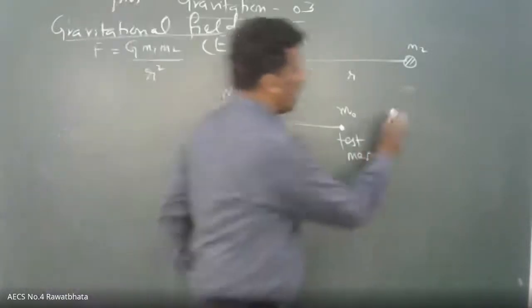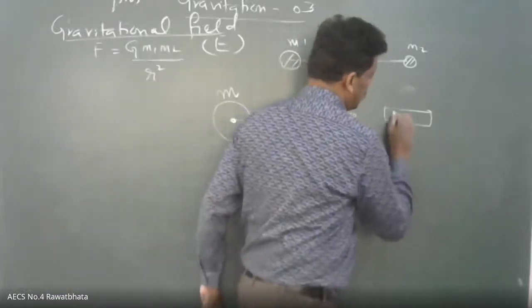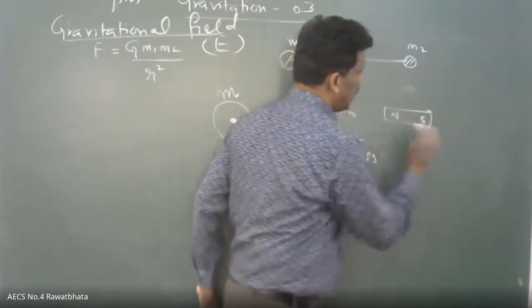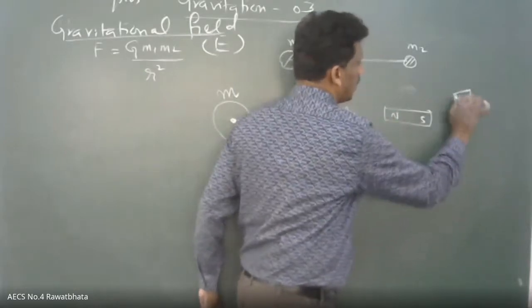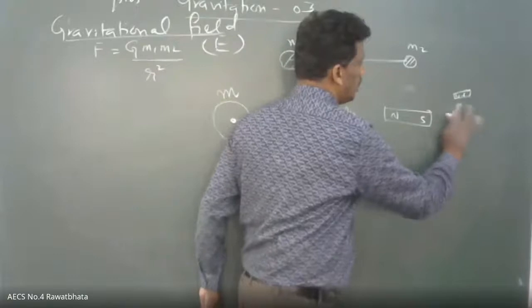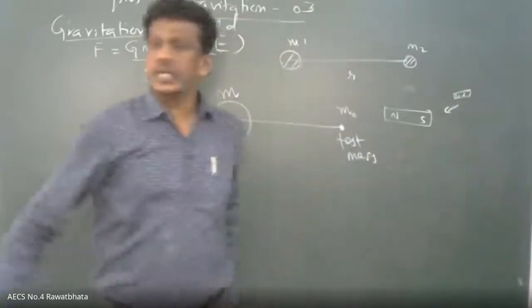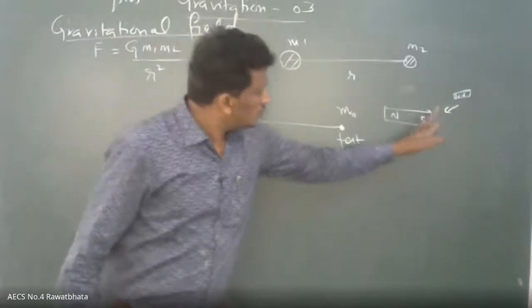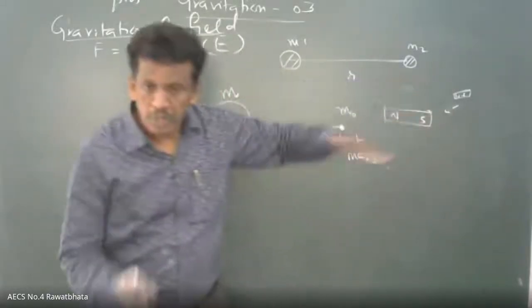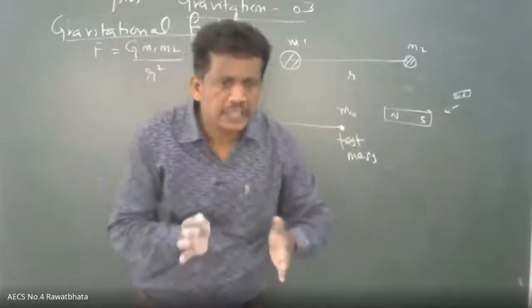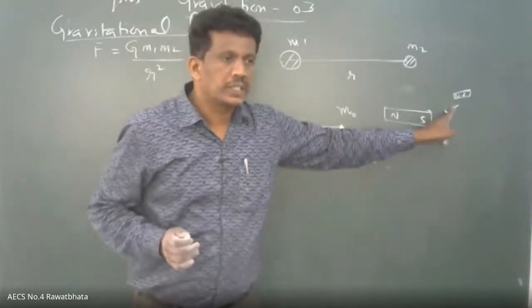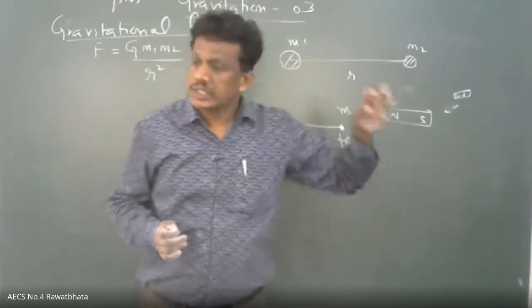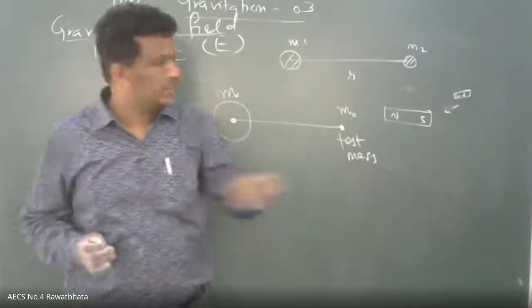Suppose you have one magnet, and you bring any other magnet, then there will be attraction, interaction between them. Why? Because there is no physical contact between the two magnets, but some field is acting. What is that field?